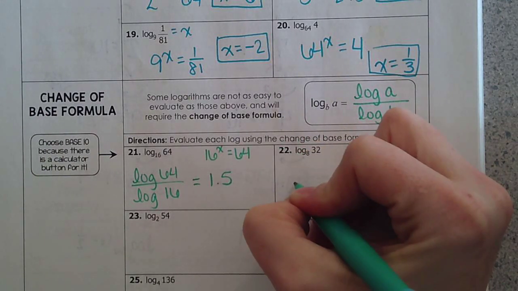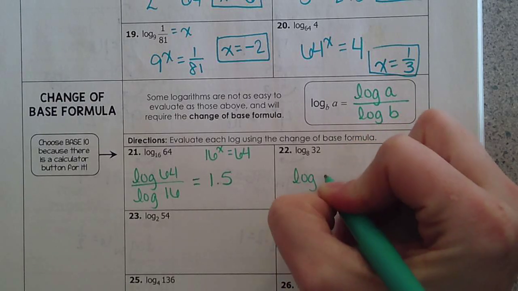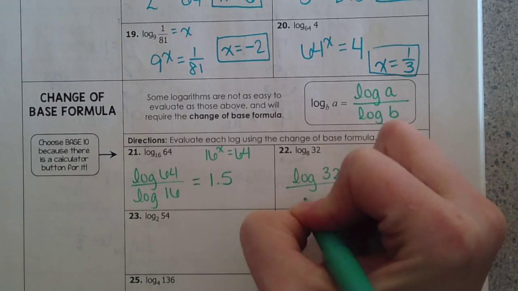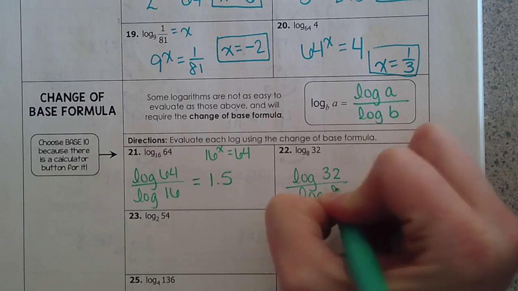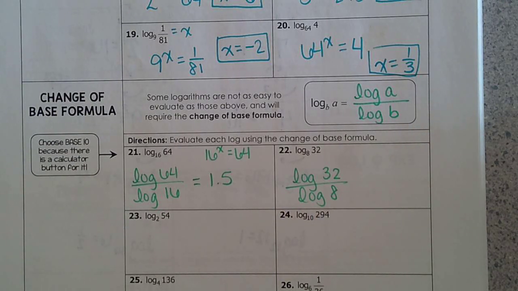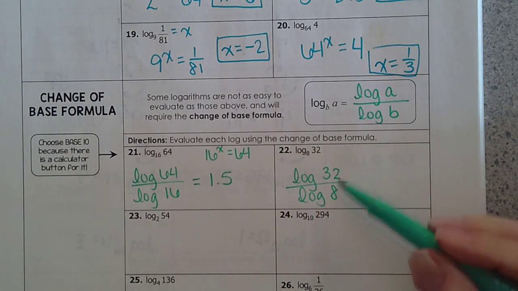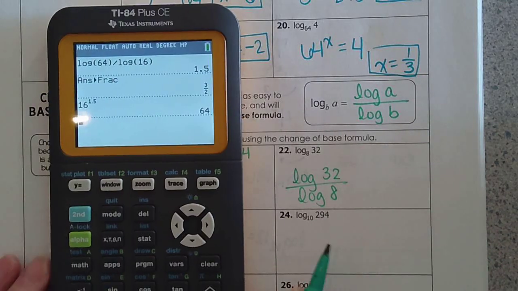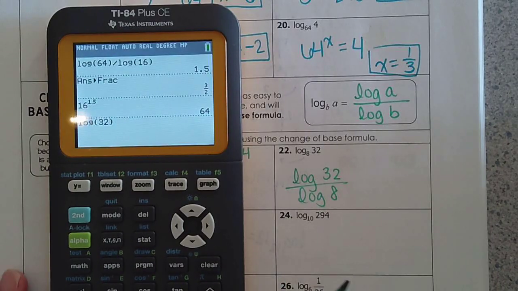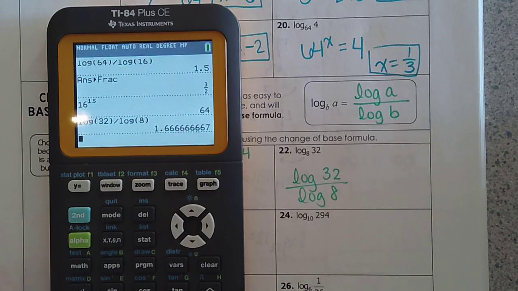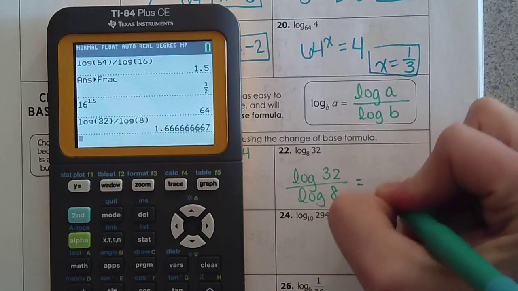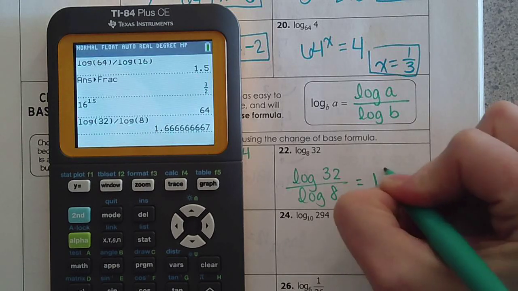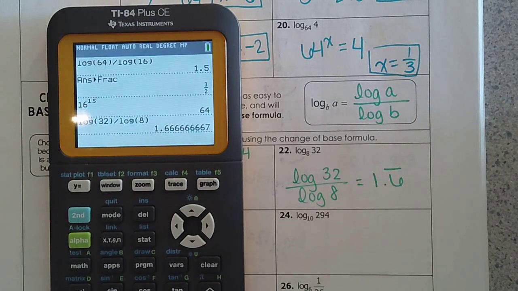Log of 32 divided by log of 8. Now, don't divide your 32 and your 8, okay? Make sure you're putting the whole bit into your calculator. Log of 32 divided by log of 8. I get 1 2/3, 1.6 repeating. And I could check this one.